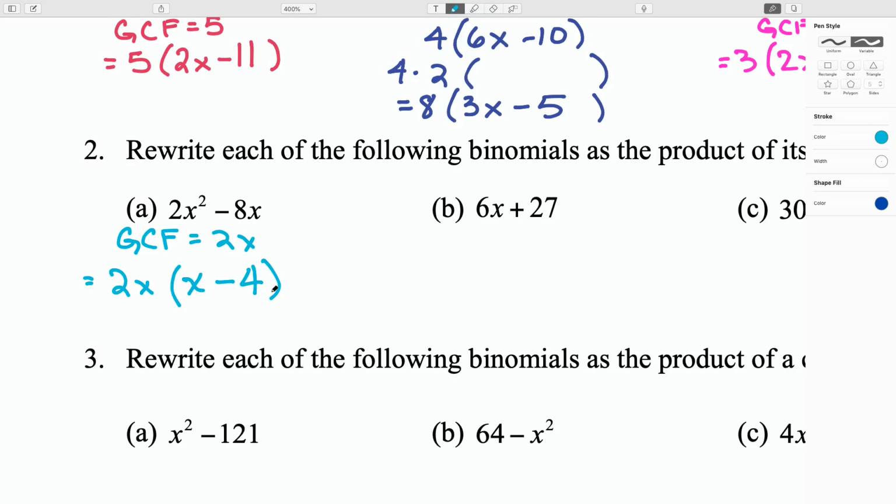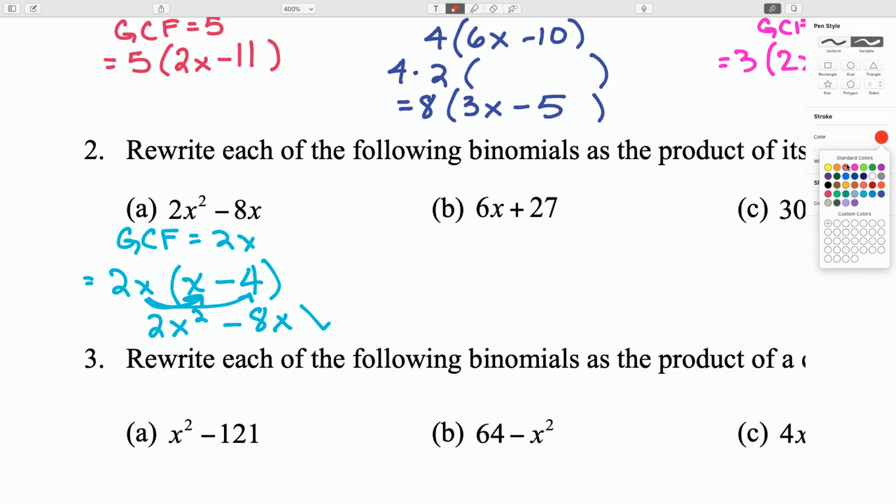Let's double check. What is 2x times x? 2x squared. And what is 2x times a minus 4? Minus 8x. So we know we're right. That's my lefty check because I'm a lefty. Okay. Let's do B.